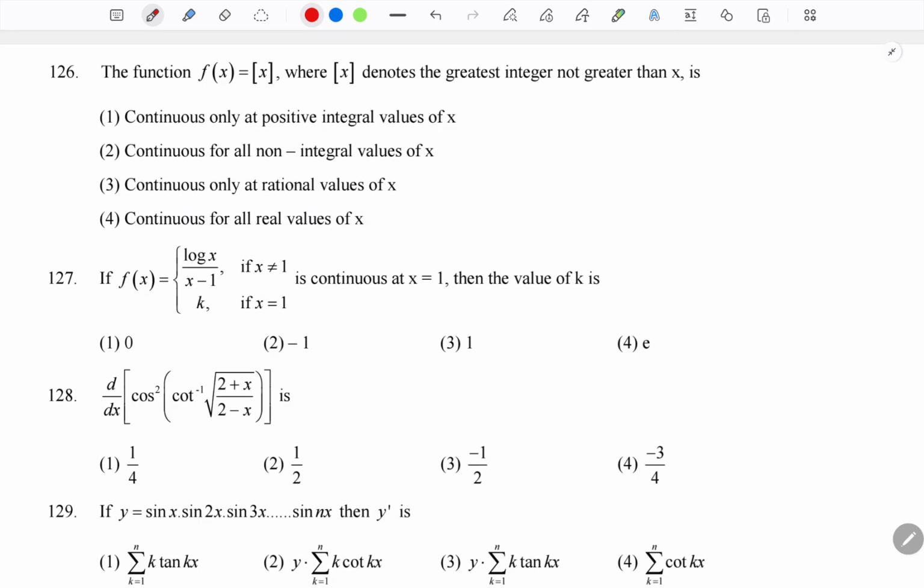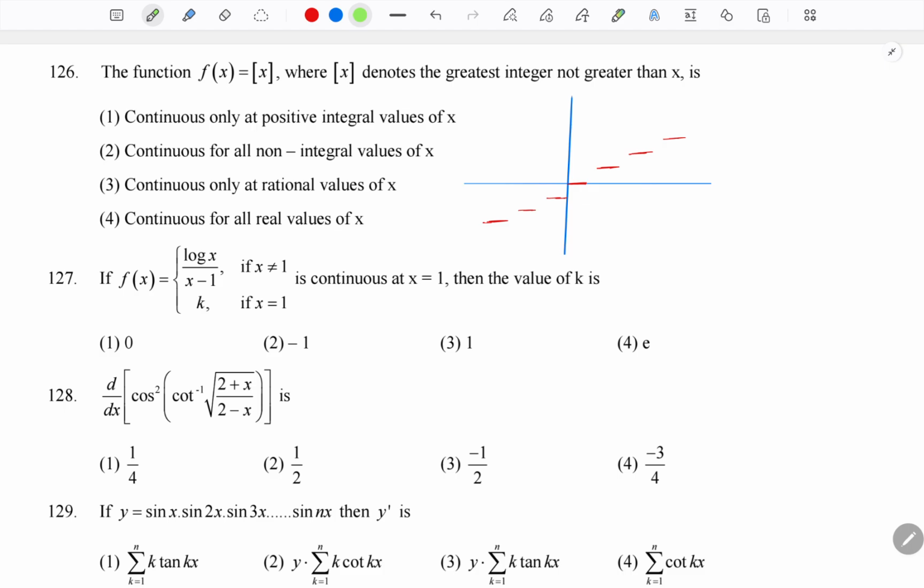Now see this question. It's the greatest integer function, right? What is the greatest integer function? It's like a step function, right? I will draw the diagram first. Graph of the step function, it looks like steps. So that's why the alternative name is step function.